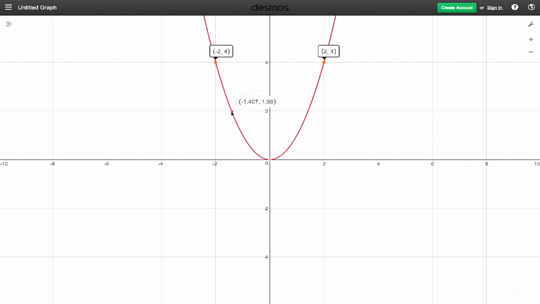So we have -1.4, and if you look here, we have -1.4 and 1.97 as well. So we see that the function y equals x squared is symmetric about the y-axis. Also, you can think about if we were to fold this plane about the y-axis, then the graph would fold on itself, right? And that's a measure of symmetry.